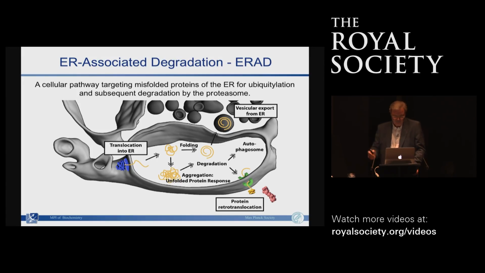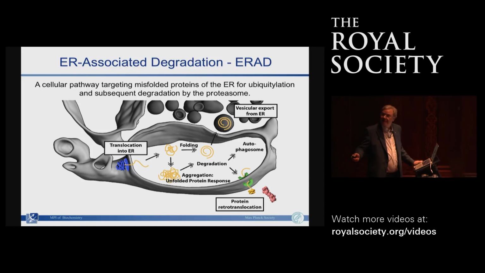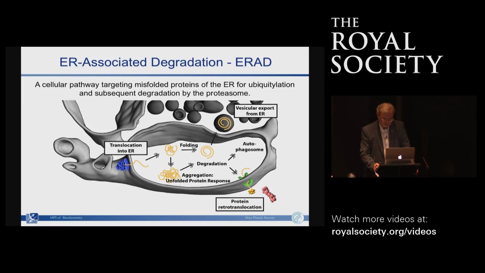So basically, the bottom line is we have the endoplasmic reticulum, ribosomes sitting on the ER produce protein, which is translocated into the ER with the assistance of molecular chaperones, and they are ideally perfectly folded. If they are perfectly folded, maybe also modified by glycosylation, then they become exported from the ER.